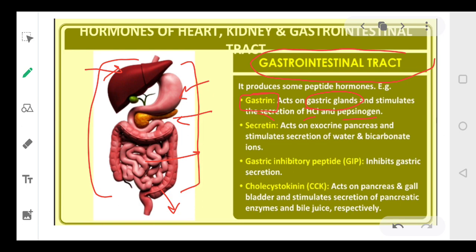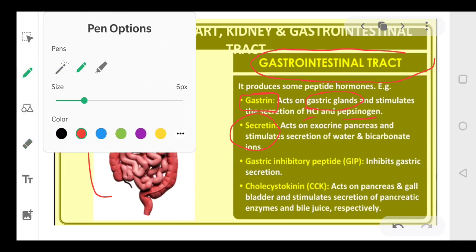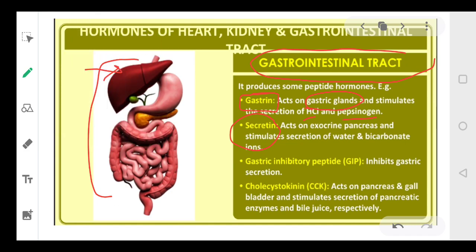Second is secretin. The second hormone which we have to talk about is secretin. Now secretin, dear students, as you can see in the picture, let's use a different color so that you can clearly identify. This particular portion is the pancreas.